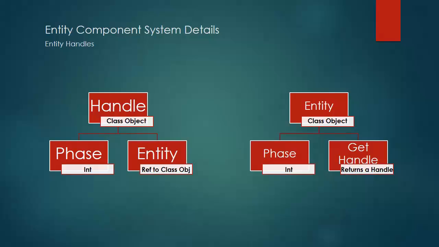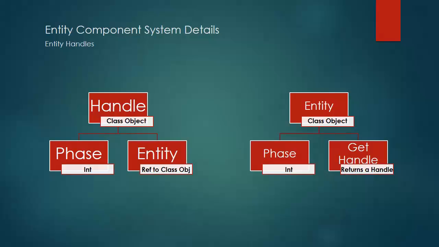We generate a handle by asking the entity for its handle, or just calling handle and saying we want an entity for X handle, right? Or for X entity, and we just pass it an entity. Then we want that handle to be able to give us the entity, except if the entity has gone out of phase.